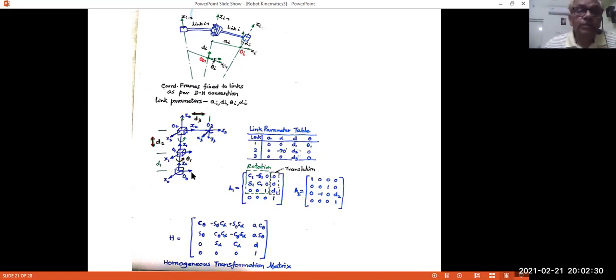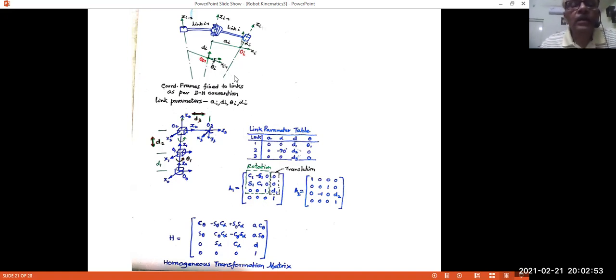In this particular case, this is rotation about a vertical axis. So your Z0 will be about this, and because it is a rotation, theta i is the joint variable. That joint variable will be theta 1.